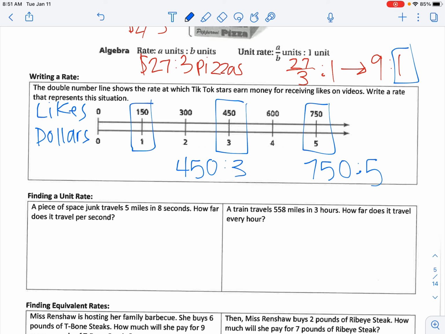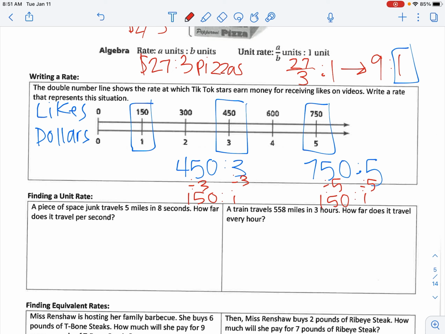If we divided both of these by 3, just like a fraction, 450 divided by 3 is 150, and 3 divided by 3 is 1. If we divided both of them by 5, 750 divided by 5 is 150. 5 divided by 5 is 1.